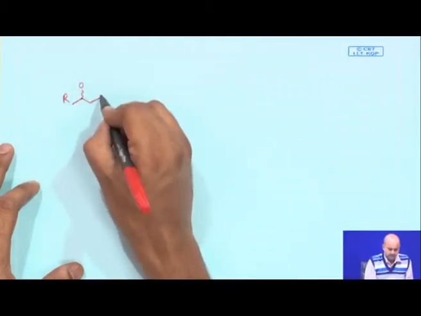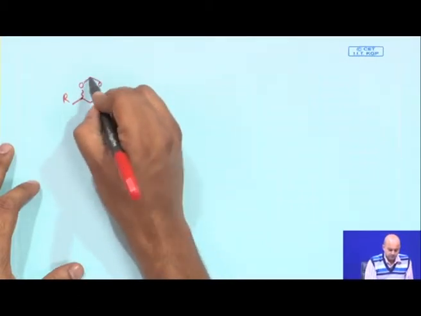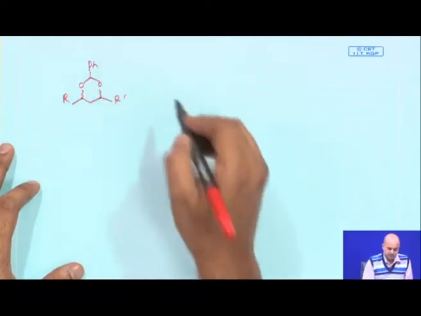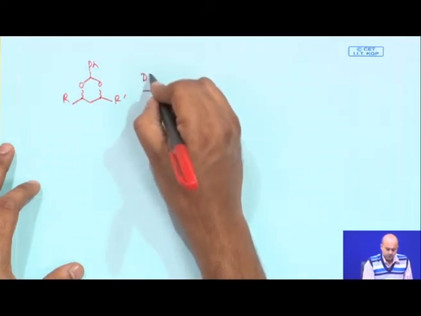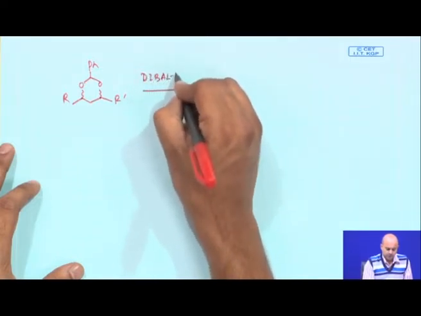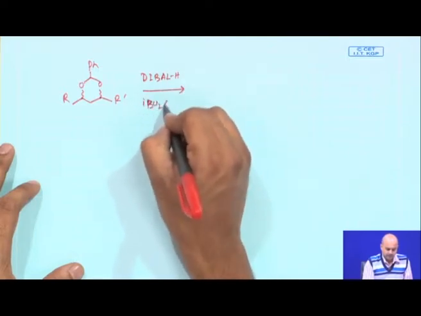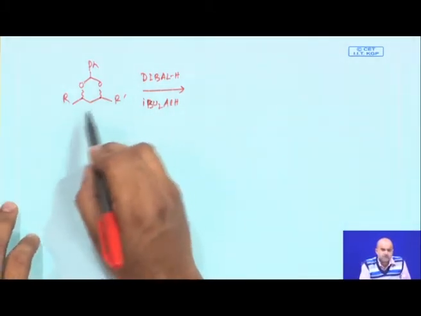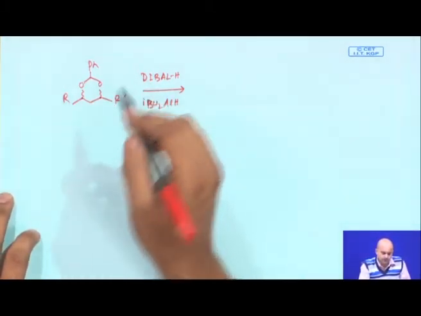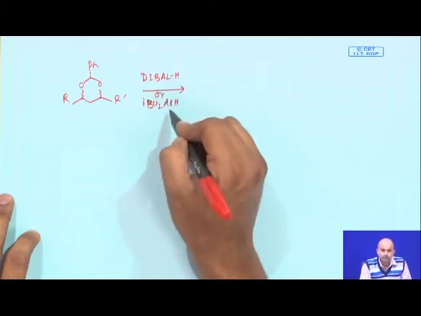You take this acetal, and then subject it to a reagent which we already talked about, DIBAL, diisobutyl aluminum hydride, which is basically a bulky hydride source. Now, if you subject this acetal to DIBAL, what is going to happen? DIBAL is basically a Lewis acid.